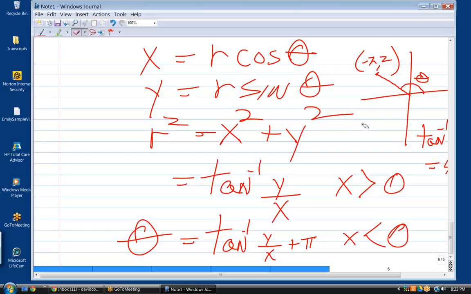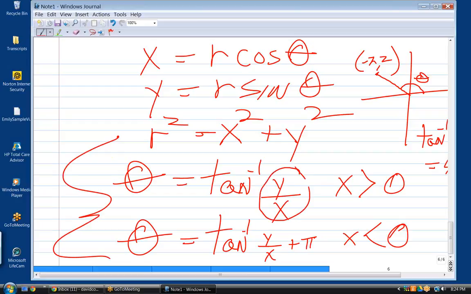Well, I could figure out the length of that, but the key to figuring out how to express this point in polar coordinates is coming up with theta. And theta depends on these two. Memorize both of those. And remember, it's not if this quantity is positive or this quantity, it's just the denominator.